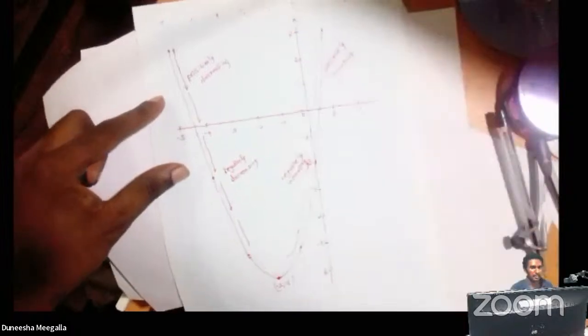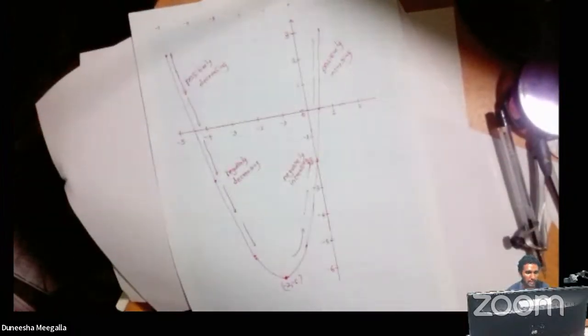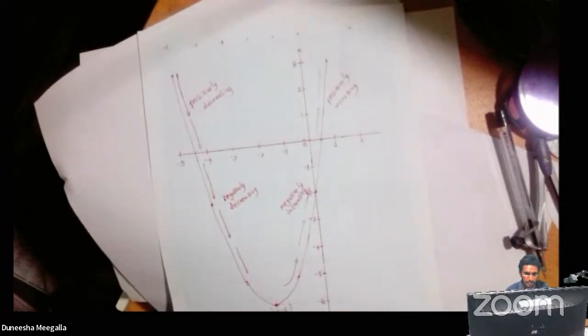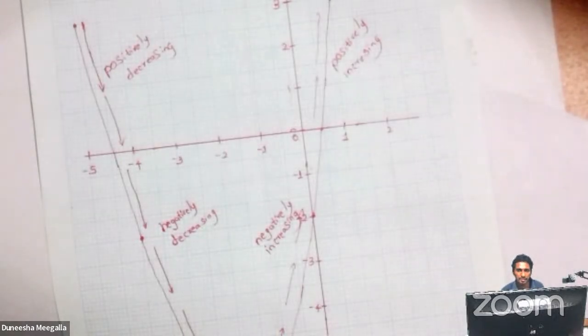Can you write down what the regions of this graph are? You can, right? Write those down. Can you see now? What are the regions? Yes, sir. Okay. Write it down.